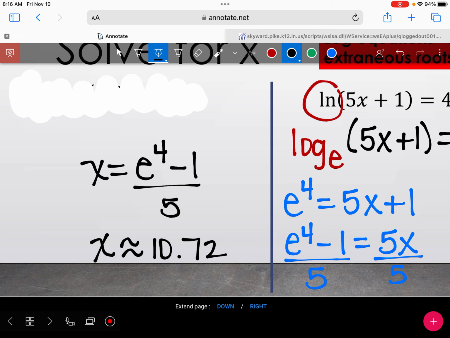So if you didn't get that, you probably didn't type it in right, and I can help you type it in. You have to get out of the exponent.